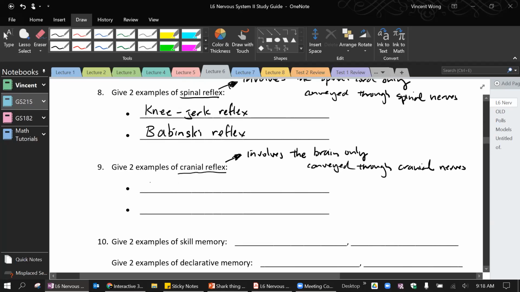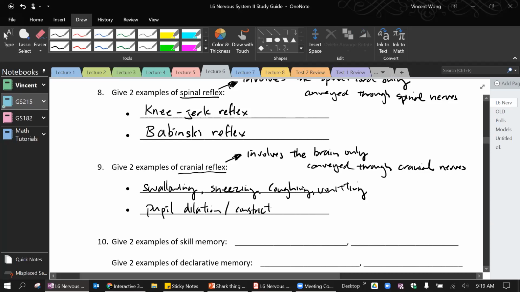Yeah, thank you, Patrick. Examples of cranial reflex include swallowing, sneezing, coughing, vomiting. It's like 4 examples there already. Other things would be pupil dilation or constriction. Your parasympathetic system and your sympathetic system would control this through the cranial nerves.